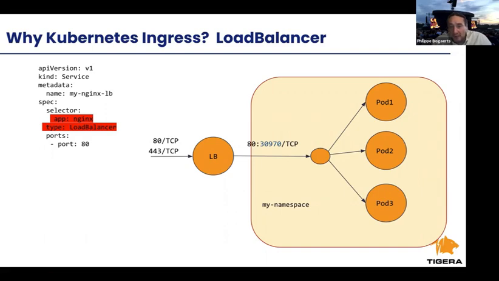Once you hit the load balancer, it knows how to reach the nodes of your Kubernetes cluster. That's why Kubernetes has to be able to talk to the load balancer, so there needs to be an integration. And your load balancer will send it to one or the other higher port number, in this case 3970, to one or the other nodes.